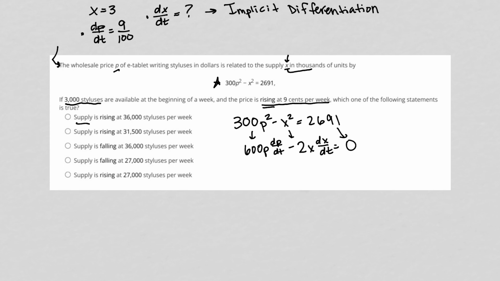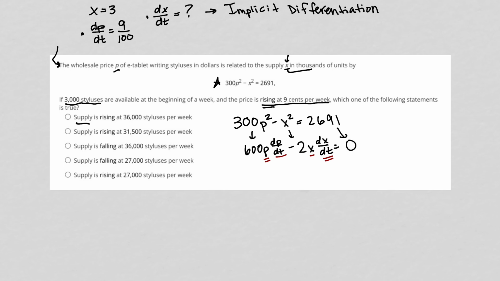All right, so we have an x value, which we know is 3. We have a dP dt, which we know is 9 over 100. We have our dx dt, which is what we're looking for, so we don't know what that is quite yet. But we also have this variable p that we need to solve for.